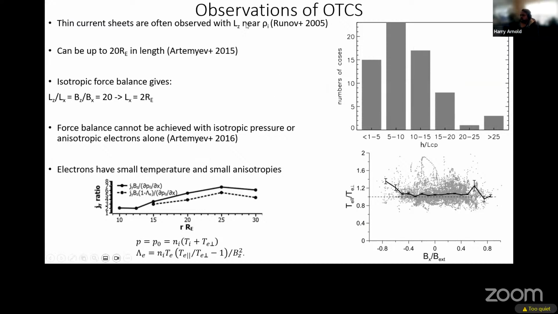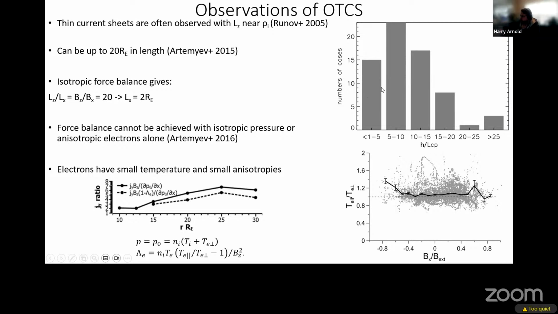So let's just talk a little bit about actual observations of these overstretched thin current sheets. So for one, the Runov et al. 2005 has this nice distribution histogram of the width of the current sheet depending on how many cases that they saw. And the point here is that H is the width of the current sheet, and this LCP, that's the upstream Larmor radius.